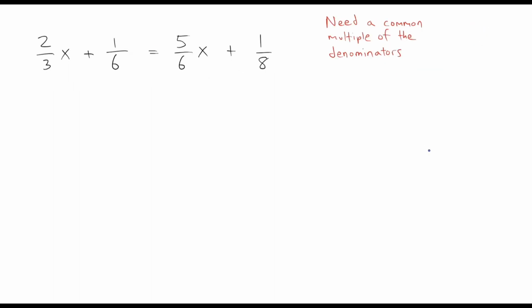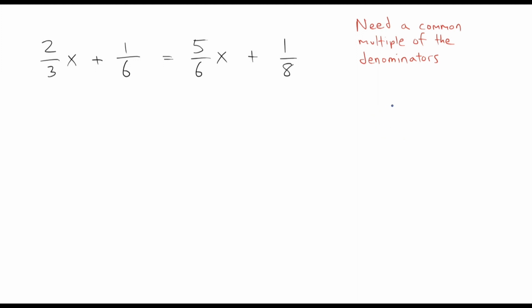So on the side, you could list their multiples. This is of the denominators. We don't really care what the numerators are at this point. So what are the multiples? We got 3s, we got 6s, and 8s appearing in our problem. You want to list their multiples.